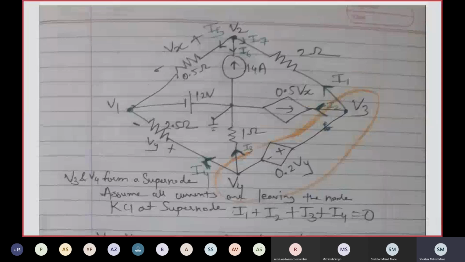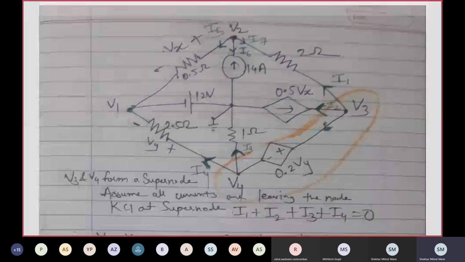Now V2 is remaining, at V2 and at this supernode. So at these two nodes, we have to apply KCL. Now we have assumed the currents I1, which is flowing through 2 ohm, then I2, which is opposite of 0.5 Vx, then I3, which is flowing through 1 ohm, and I4, which is flowing through 2.5 ohm.